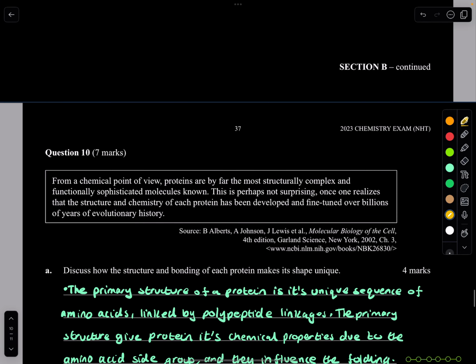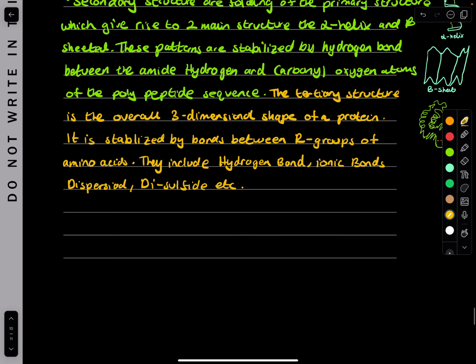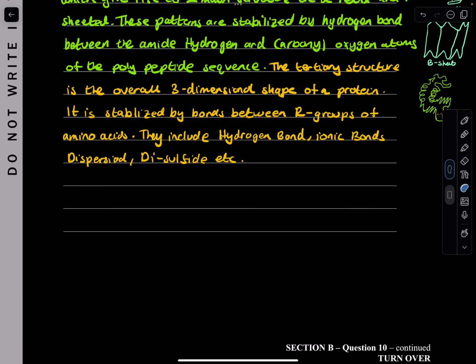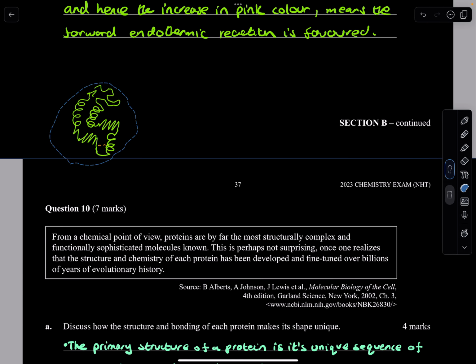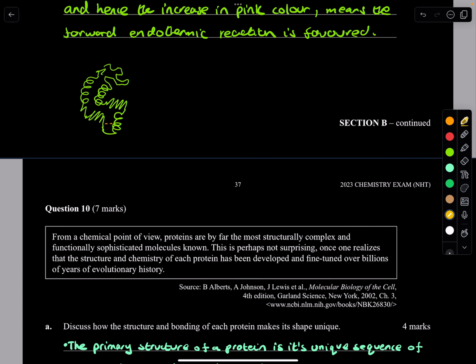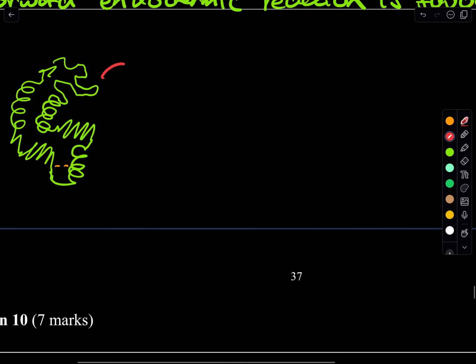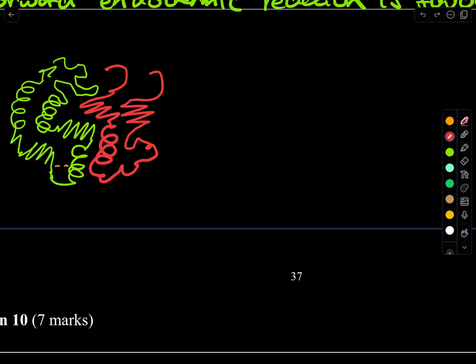For example, I'm just going to copy this and use another example. So let's say you have this here, and basically you have another subunit. So that's another polypeptide chain, and it has nice parallel alpha helixes.